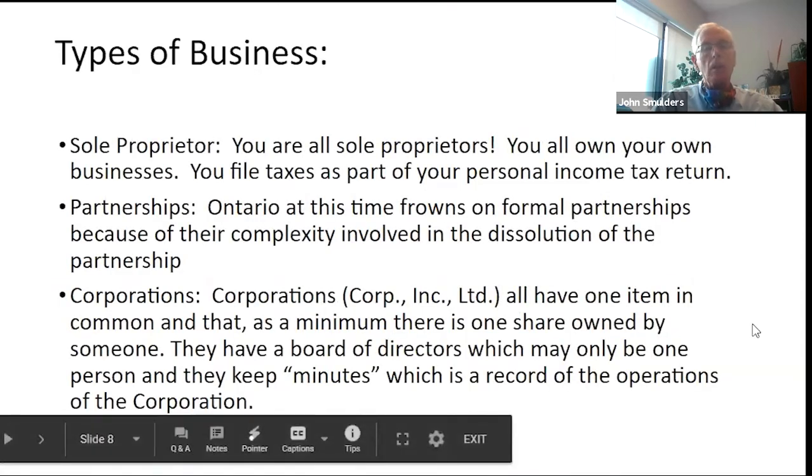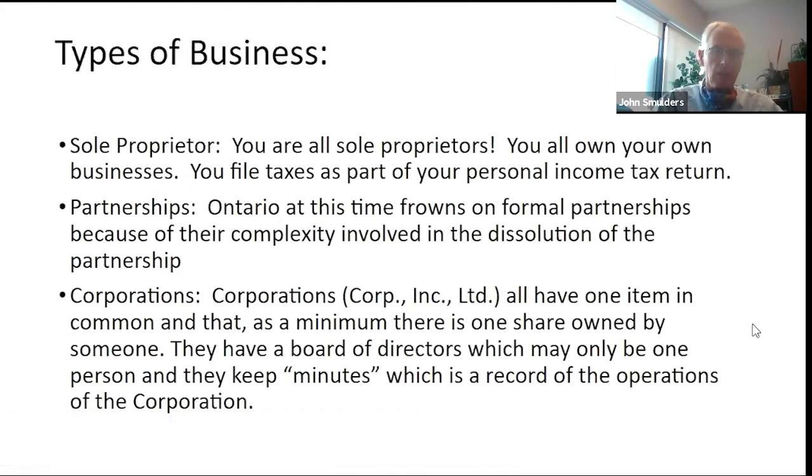Moving on. So there are 3 different types of businesses in Ontario, actually basically in Canada, out there. A sole proprietor. You guys are all sole proprietors. In the real estate business, you're all sole proprietors. Now, some of you file taxes as part of your personal income tax return.